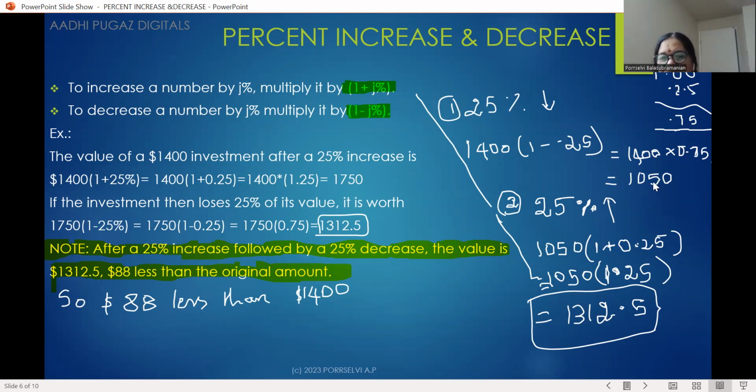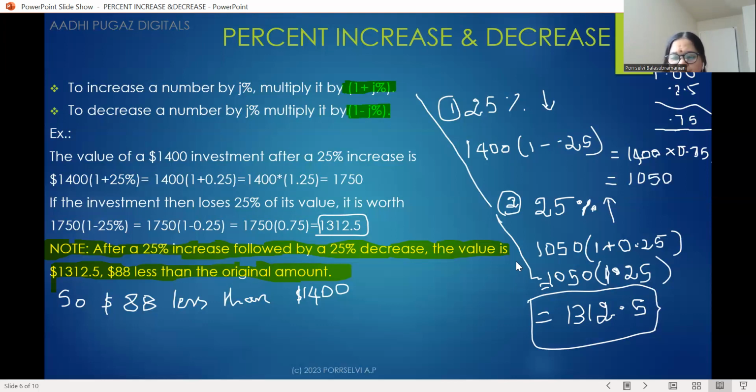From this answer, I increased by 25%. At the end, I got 1312.5. Now the difference between 1400 and 1312.5 is 88.5. So when you do the same thing in a different way, first increase then decrease, we are getting the same amount, same value.